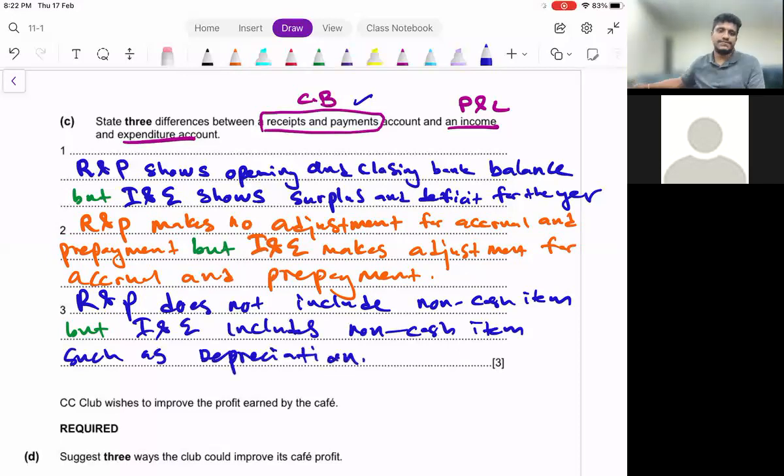You can write depreciation of fixtures, but actually just writing depreciation will do. Okay, these are the three differences. I've got a lot actually, I just give you three.